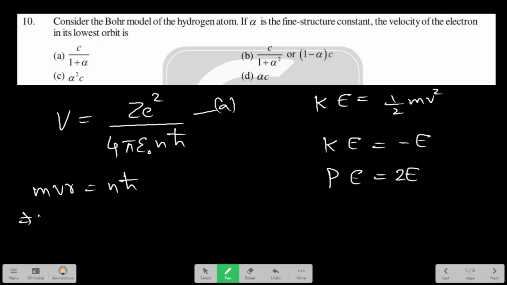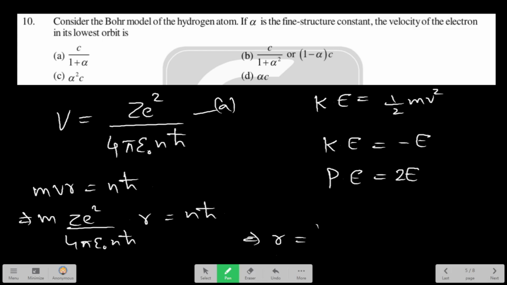This implies m times v, which is Z e square upon 4 pi epsilon naught n h cross, times r is equal to n h cross. This implies r is equal to n square h bar square 4 pi epsilon naught divided by m Z e square.